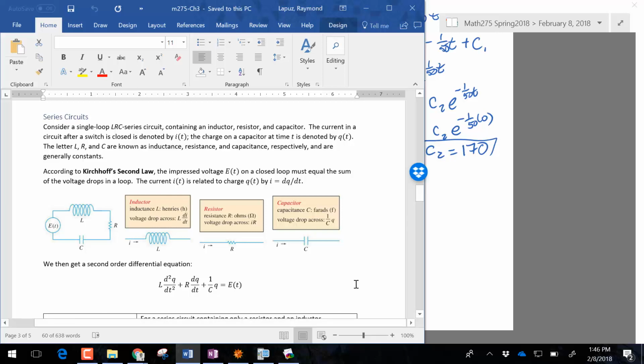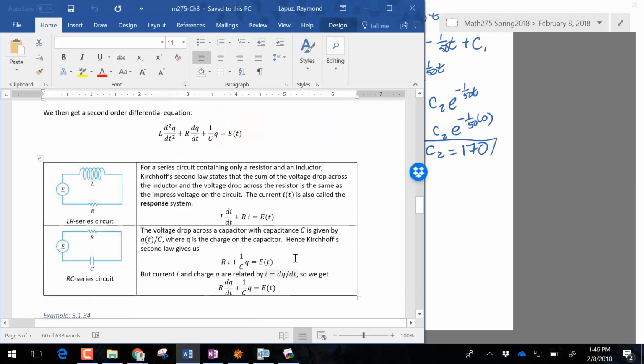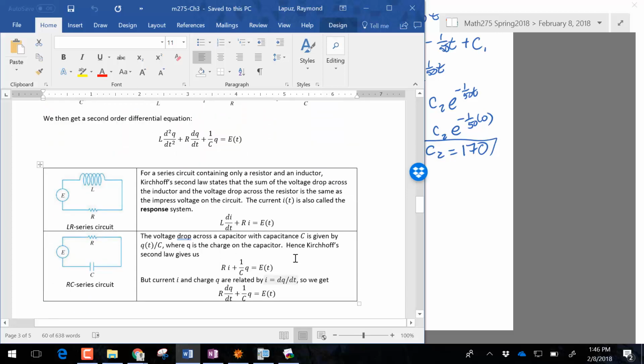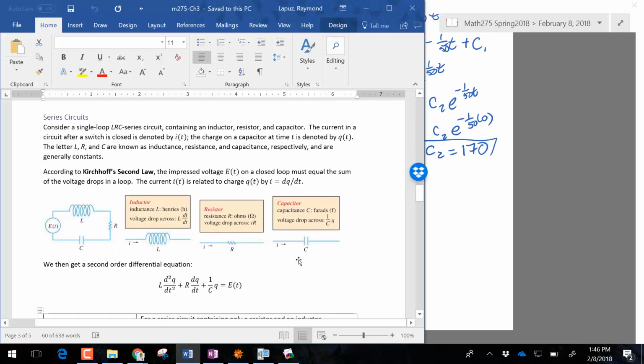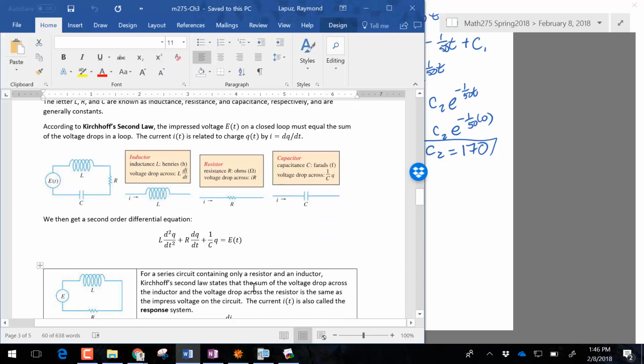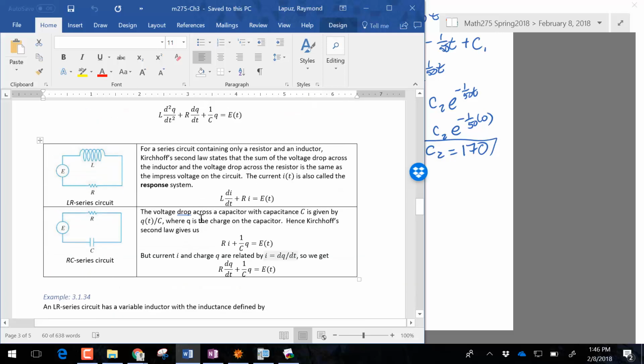But since we are only doing first order differential equations, we can limit ourselves to just LR or RC circuits. So let's not worry about the second order circuits. Let's do this one.